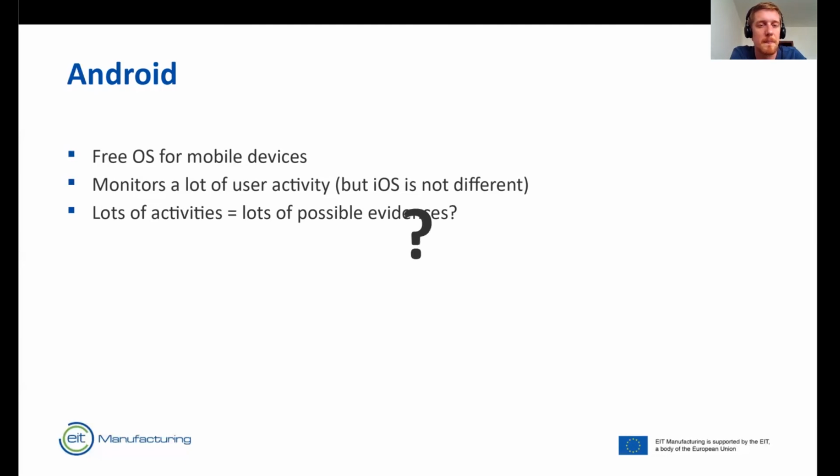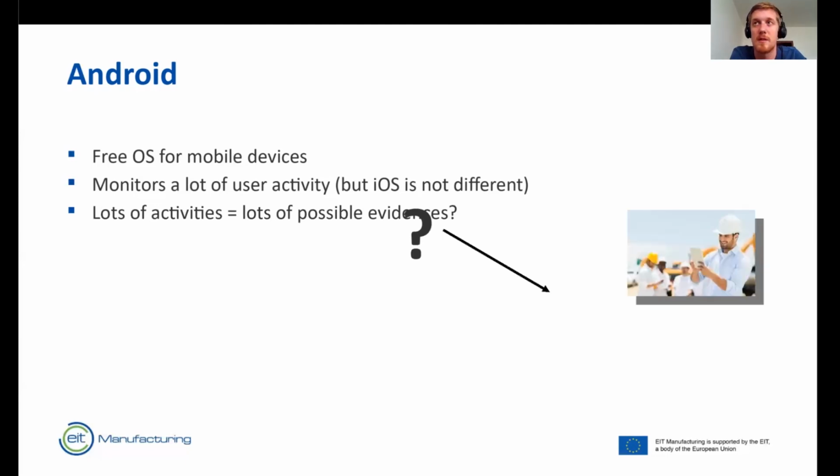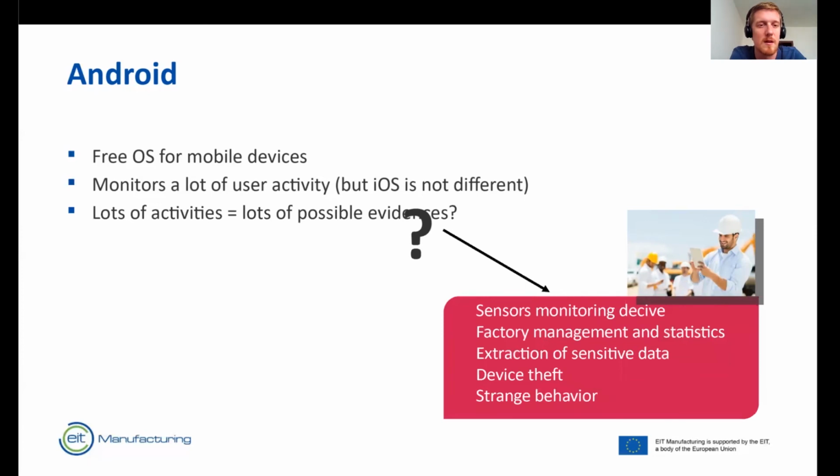And there are basically two cases. First, if Android is used in the industry, because also this project is focused on industry, the sensors, the Android can be used to monitor some sensor arrays or sensor networks. Android can be used for factory management and statistics, like a tablet or something like this.